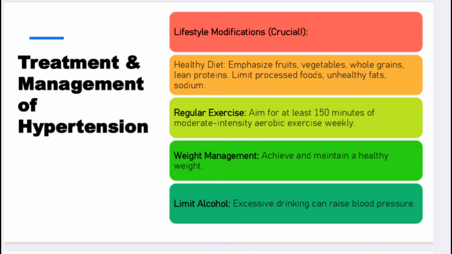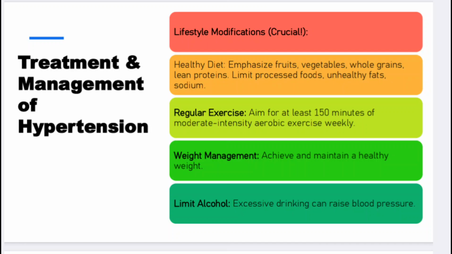Treatment and management of hypertension. In that, lifestyle modifications are very crucial, like healthy diet, regular exercise, weight management and limited alcohol consumption. Healthy diet emphasizes fruits, vegetables, whole grains, lean proteins, and limits processed foods, unhealthy fats and sodium.